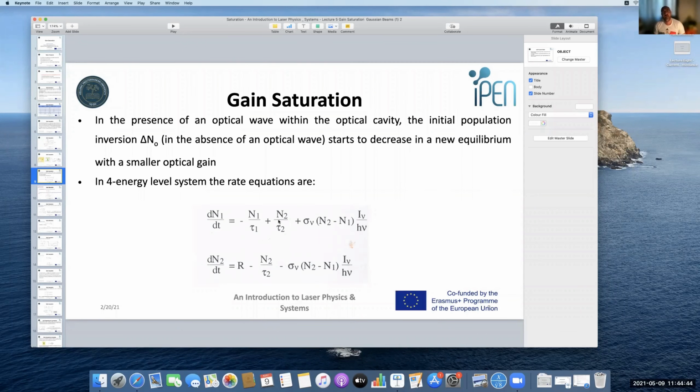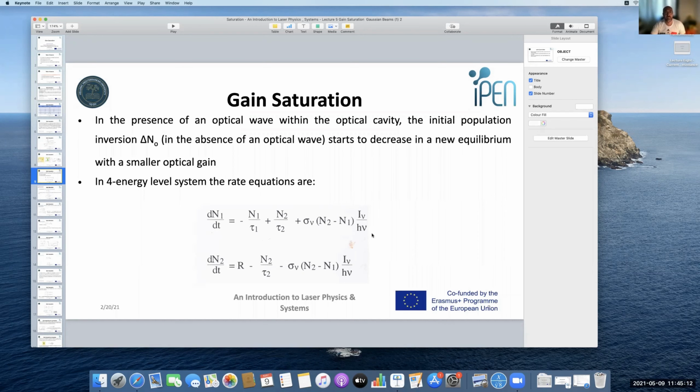We have the population moving through spontaneous emission from E2 to E1, and also moving downwards from E2 to E1 because of stimulated emission. Is it clear? I hope that it's clear. Otherwise, you should speak.